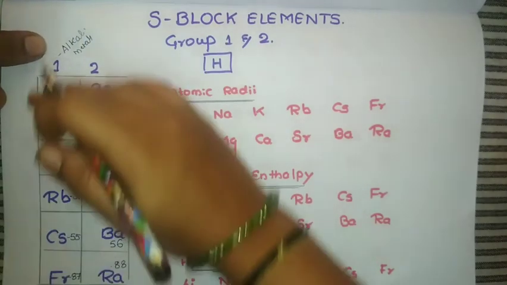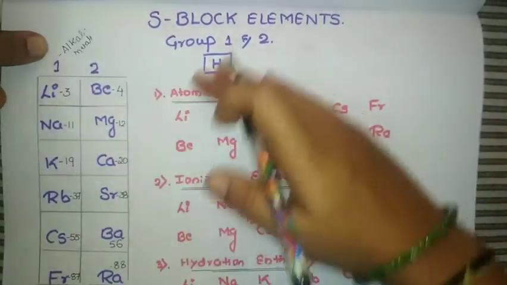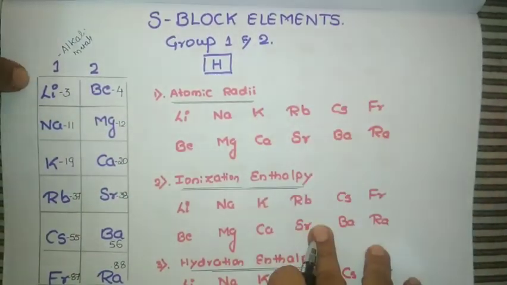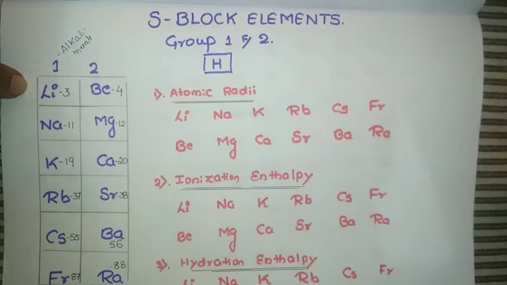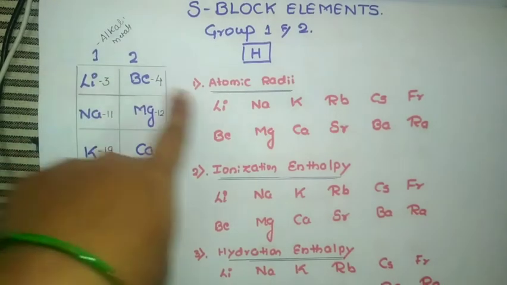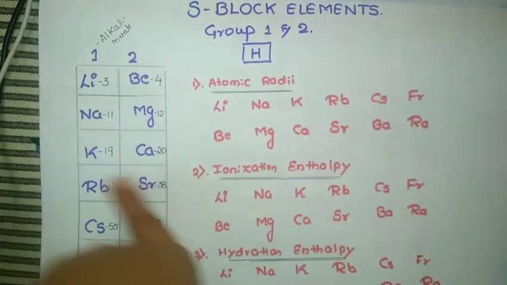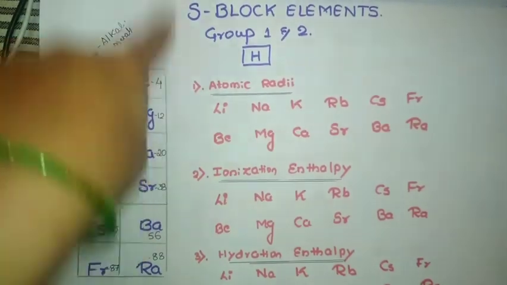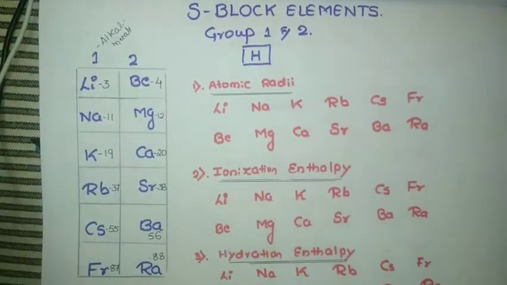In our periodic table we have 18 groups, and how many periods? We have 7 periods. These horizontal rows are called periods, and the vertical columns are known as groups.